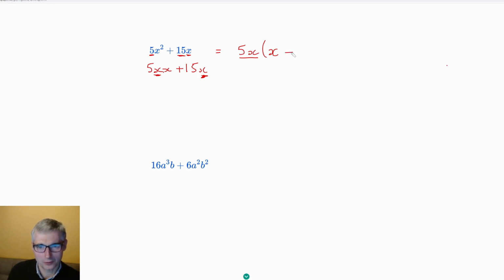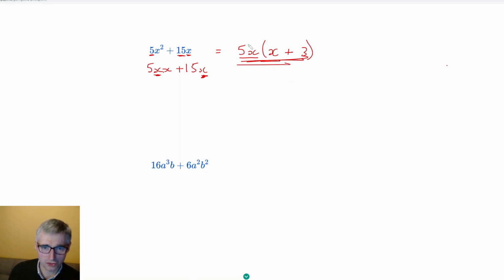And I need to then think, what would I need to multiply the 5x by to give me 15x? I've got enough x's, but I need to multiply 5 by 3 to get 15, so it's just 3. And that's, again, our final answer.